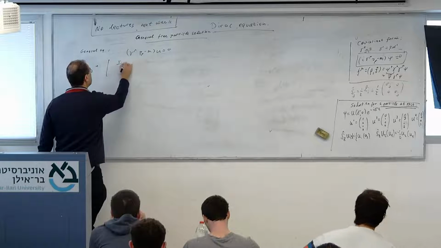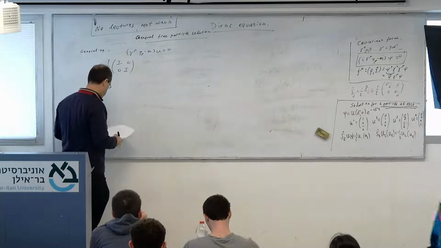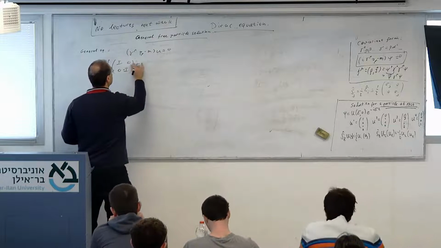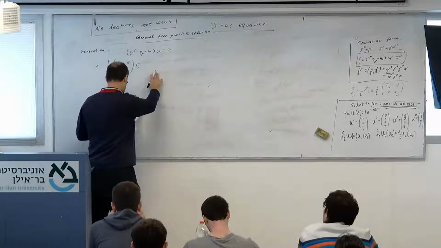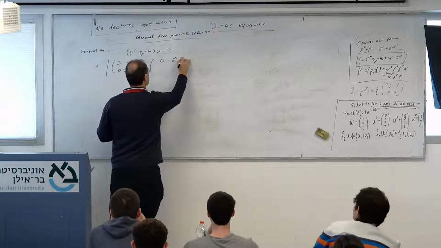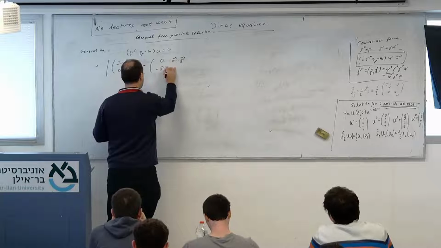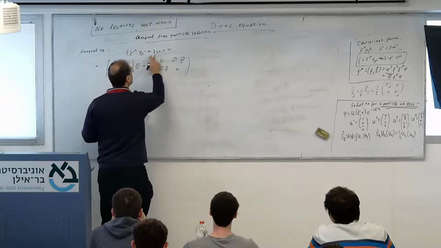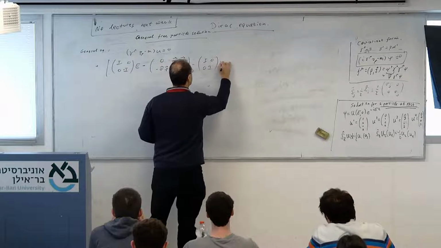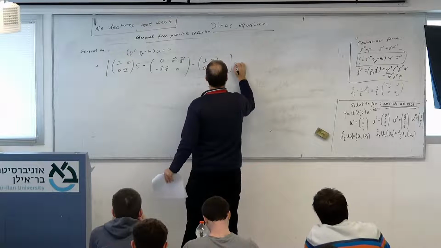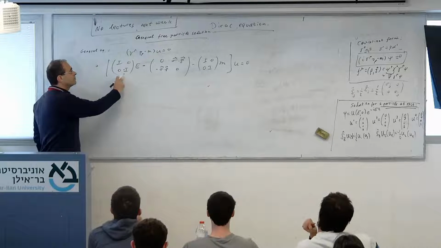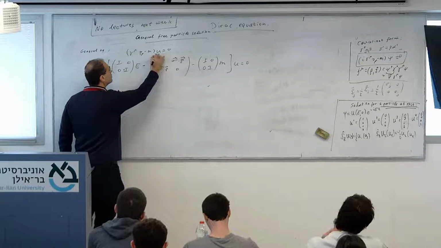So gamma 0 is I 0 0 minus I, times E. And then gamma j pj would give us a minus 0 sigma dot p minus sigma dot p 0, minus m I, so minus I 0 0 I m, u is equal to 0. Again, each of these is a 2 by 2 matrix by itself.